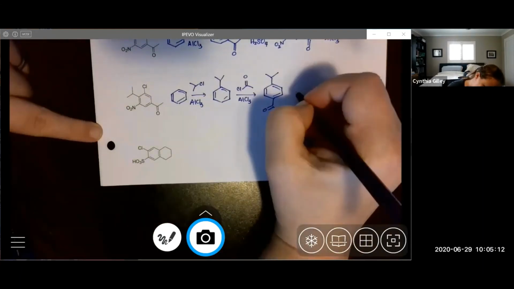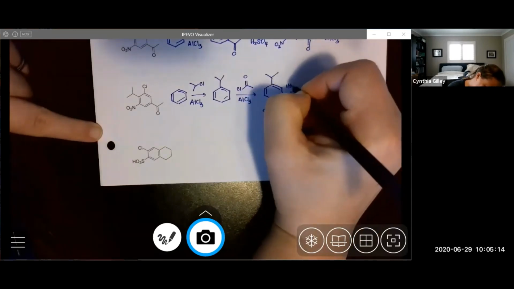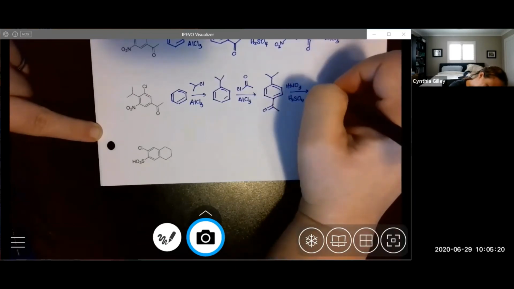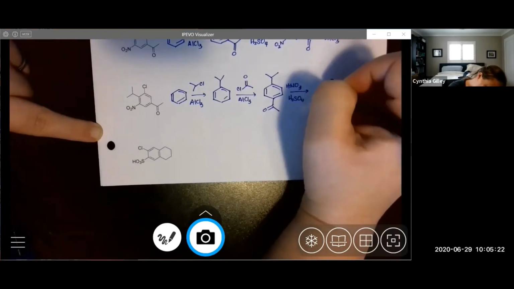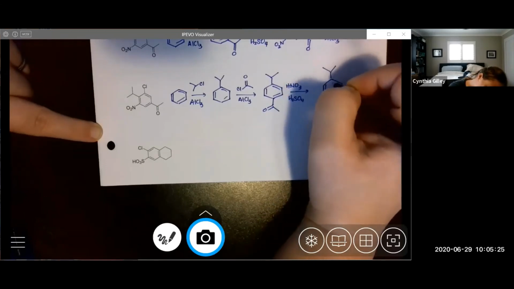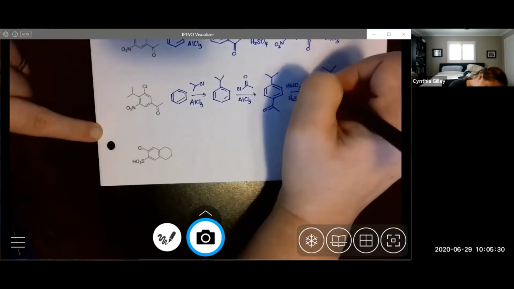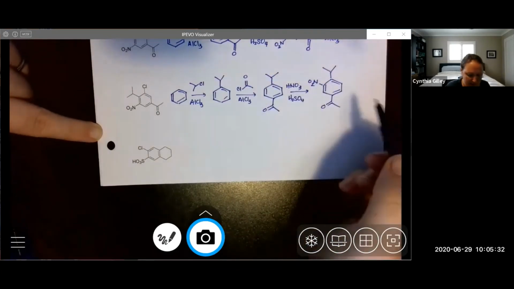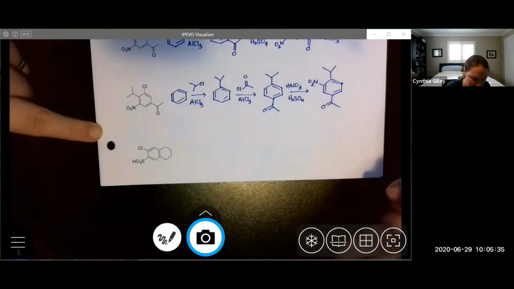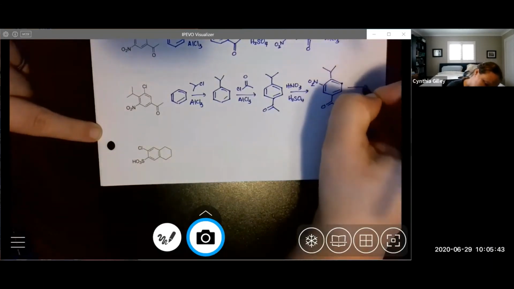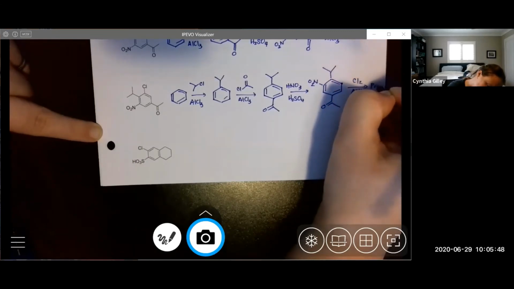So my preference is to do nitration first. I think it'll be cleaner overall to do it this way. So now the isopropyl group is directing here, the nitro and the acyl group are directing. So super directed, and we'll be able to introduce the chlorine in the last step. Product.